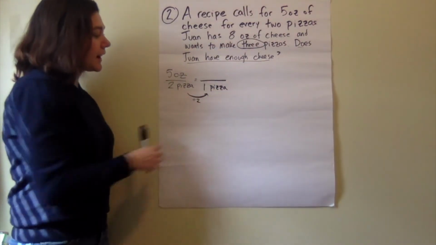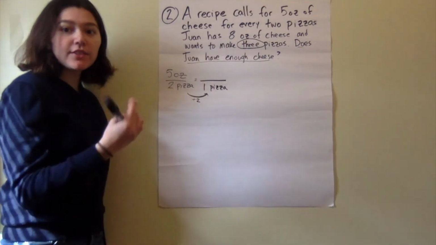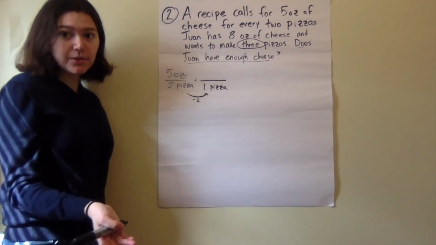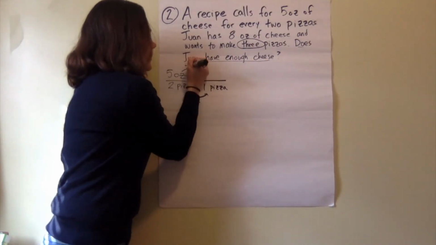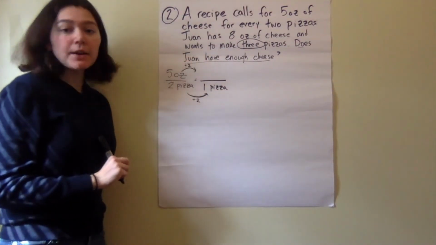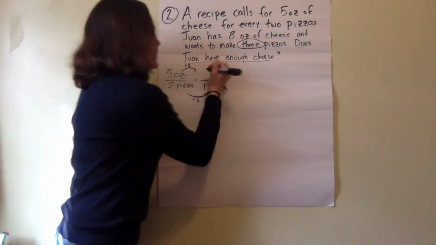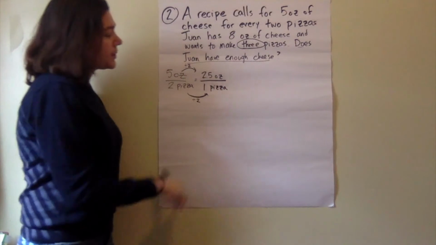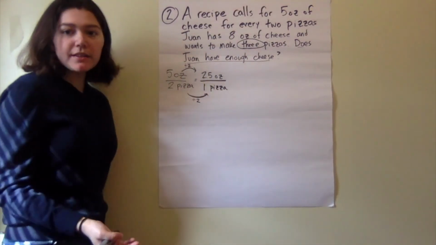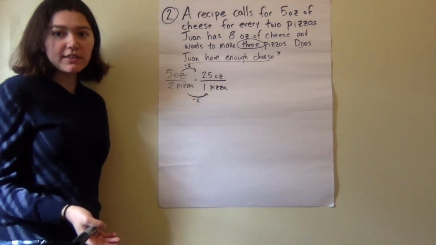So that's what I have to divide by in the denominator. Then to create an equivalent fraction or an equivalent ratio, I need to do the same thing up here. 5 divided by 2, and when we do 5 divided by 2, we get 2.5. So for every 1 pizza, you need 2.5 ounces of cheese.